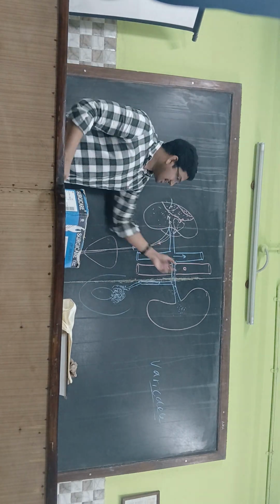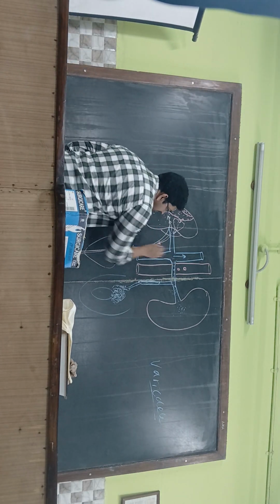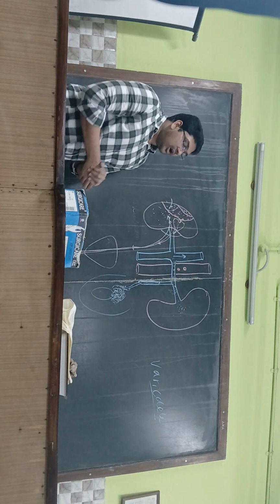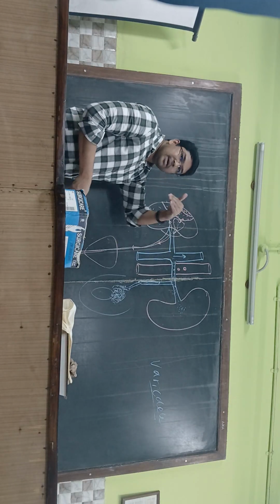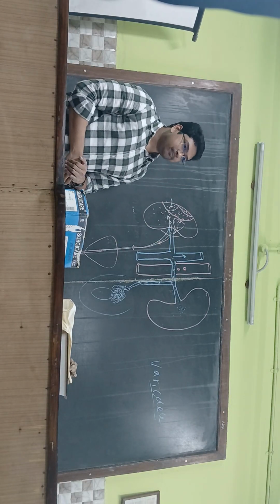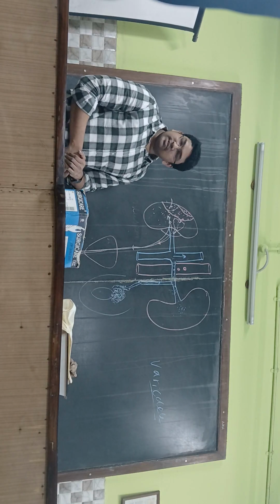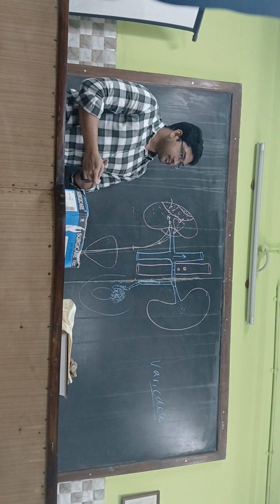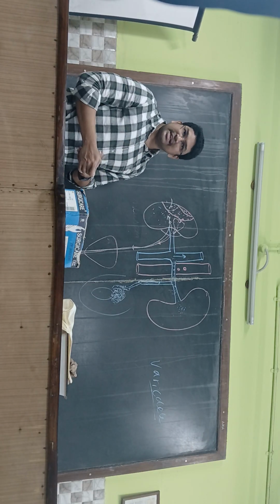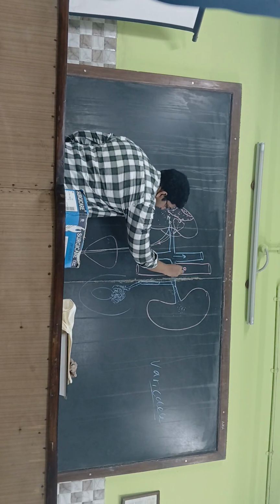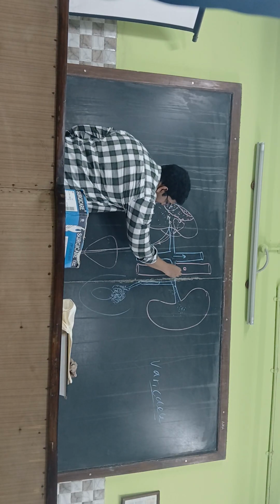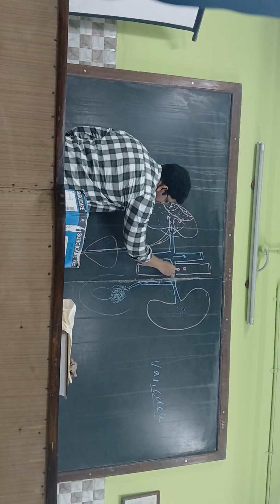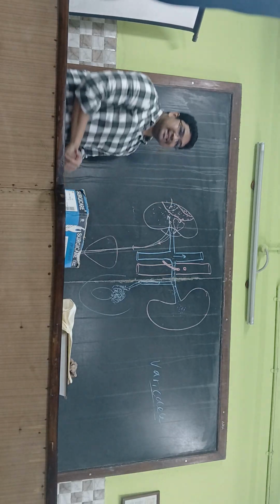And behind the pancreas is the superior mesenteric artery. It emerges in front of the third part of the duodenum and the uncinate process. So the superior mesenteric artery will be emerging in this manner.